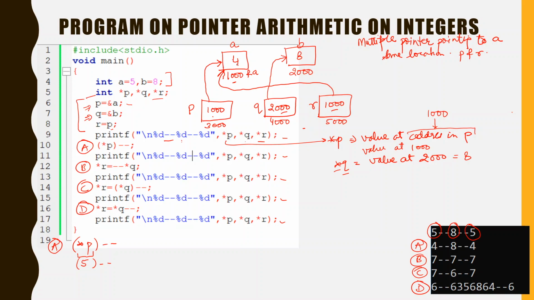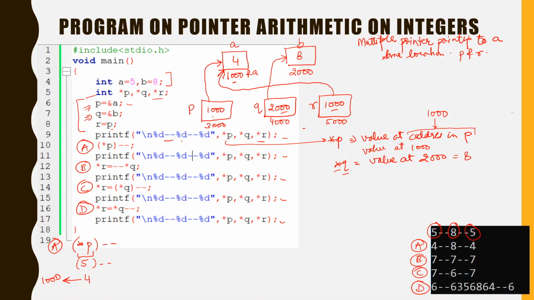Now if you try to print this, this will be 5 minus minus, and the resultant value is 4, and 4 will be at the address 1000, because you are accessing with the help of the pointer variable. You are accessing the value at the pointer.